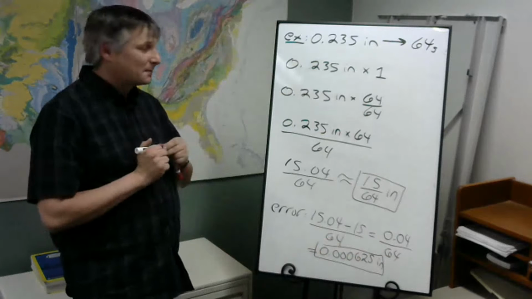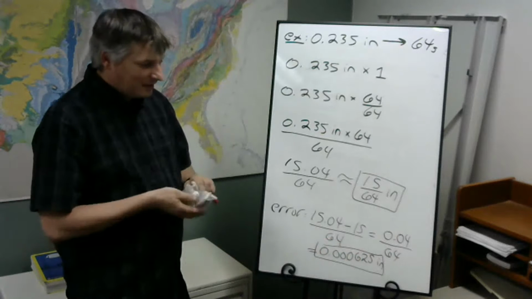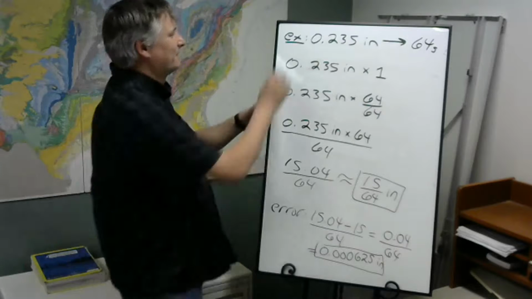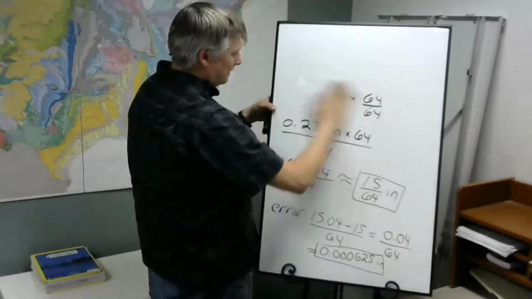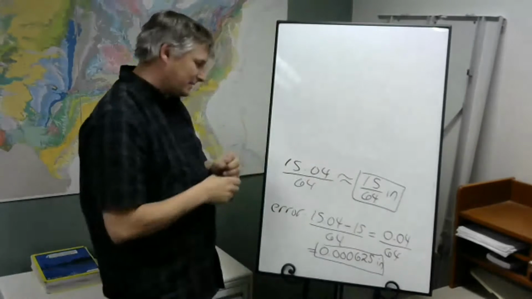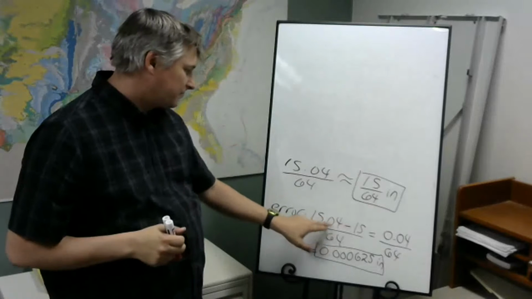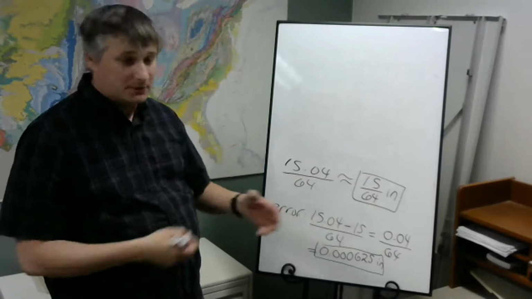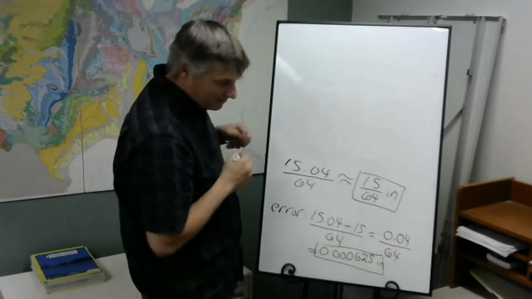And that's going to be our answer. And let me do one more. Now again, with this one, we subtracted the rounded version from the version that was unrounded. So let's say we have this.